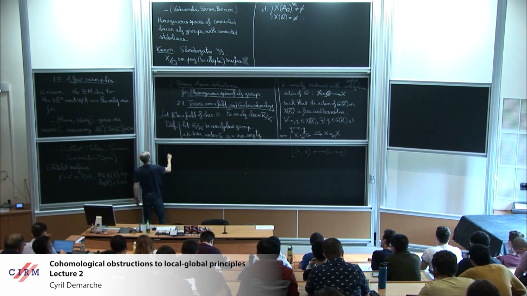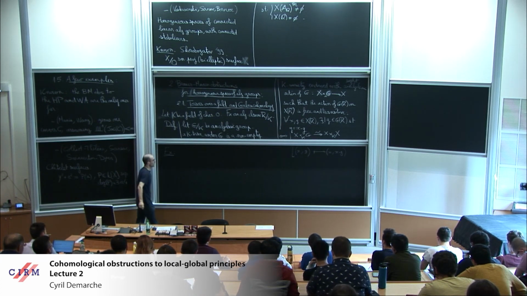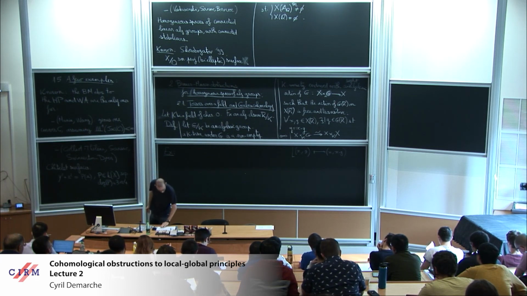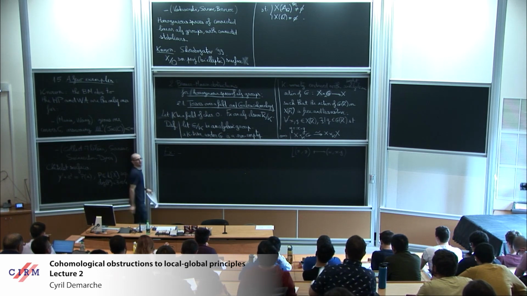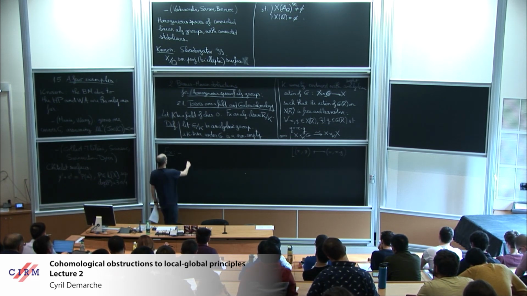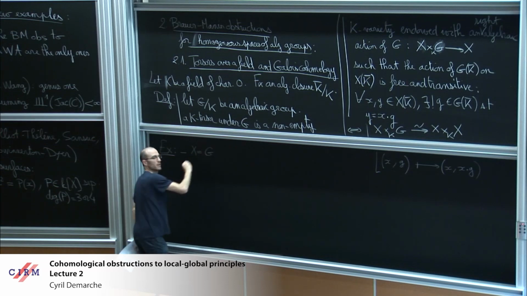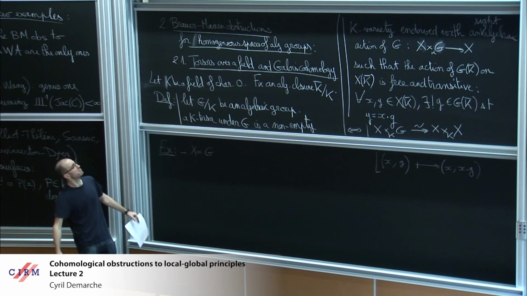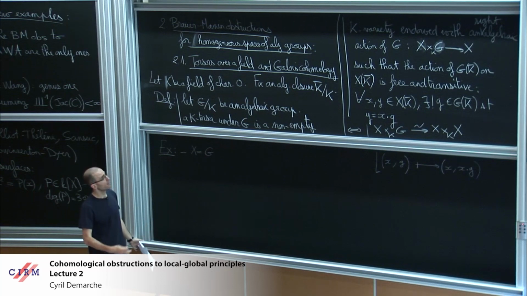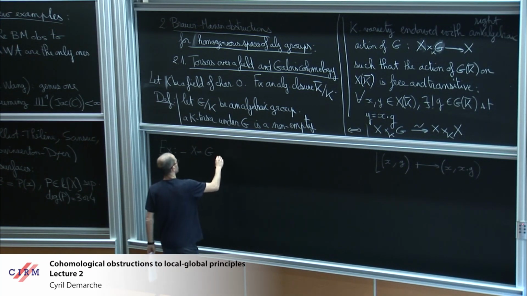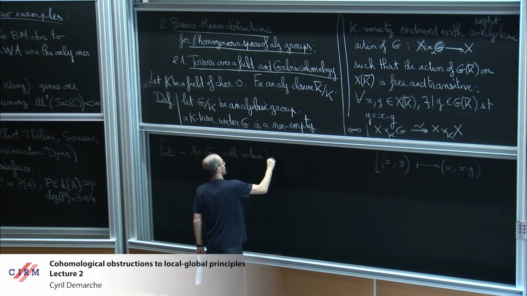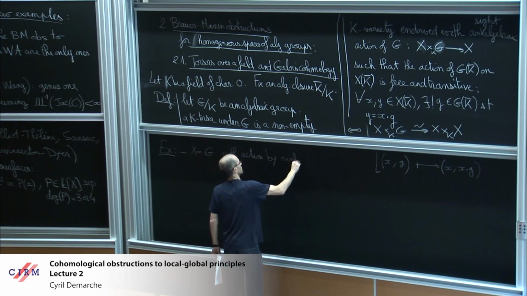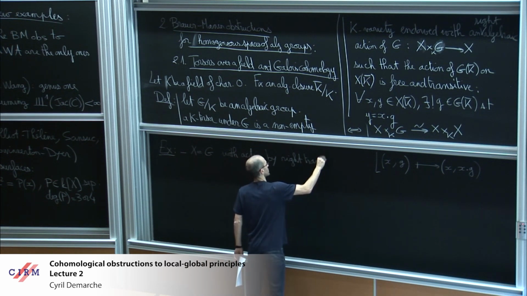Maybe I will give a few examples. The first example is the case when X equals G, equipped with the action of G on itself by right translation.